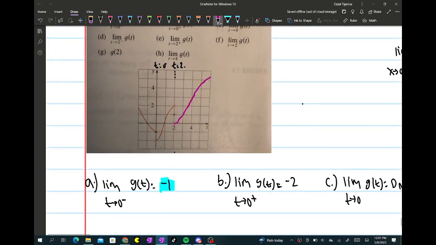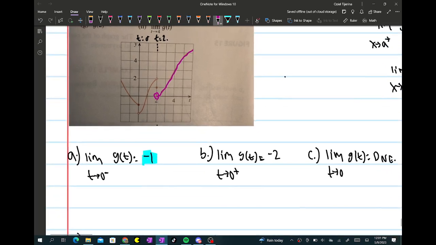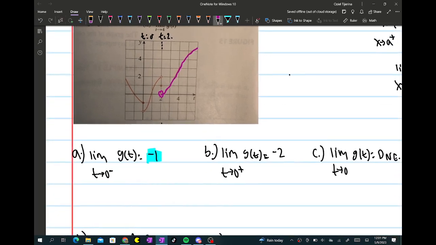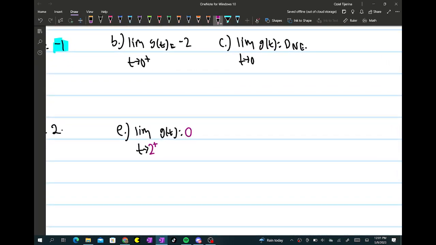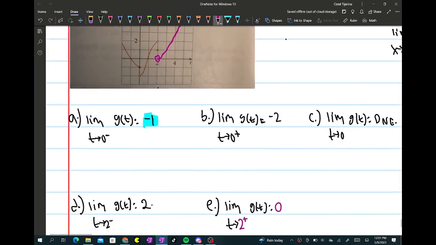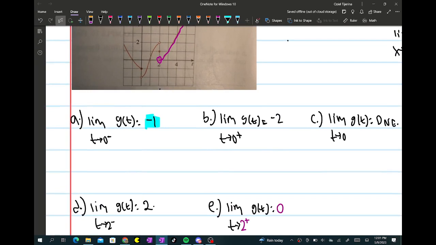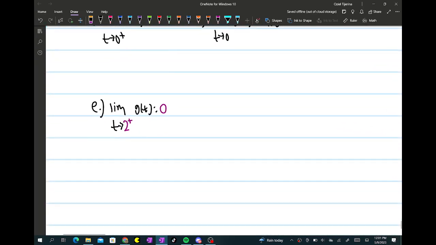And we can clearly say that even though it is undefined at t equals 2, it is approaching 0, or a y value of 0, because it is on the x-axis. And if you remember about x-intercepts, when it's on the x-axis, it goes x comma 0, right? So that is part E.